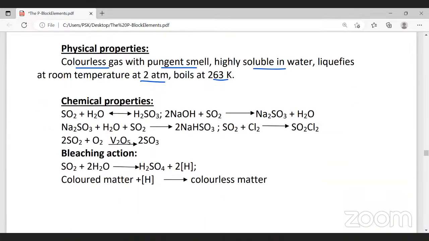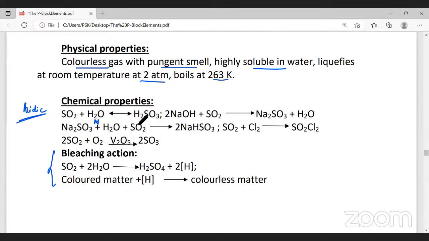Now, the most important chemical property is bleaching action. I will teach you this bleaching action in a few minutes' time. But the first property is, how do we know that sulfur dioxide is acidic in nature? We know that water is neutral, mostly. It is amphoteric in nature, but we consider it neutral because pH is 7.